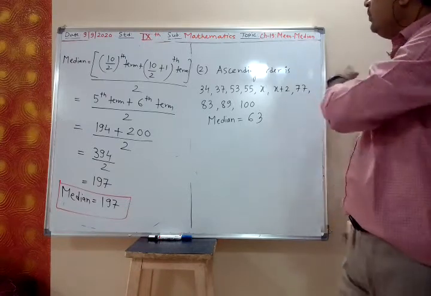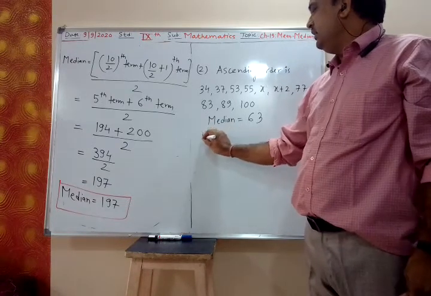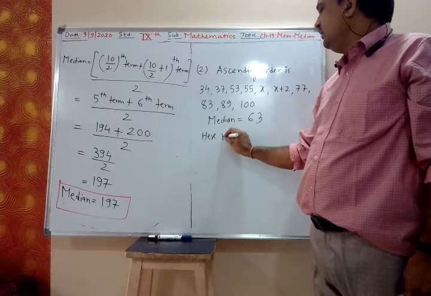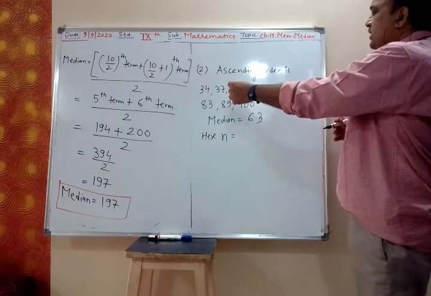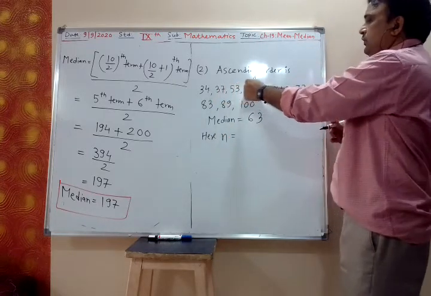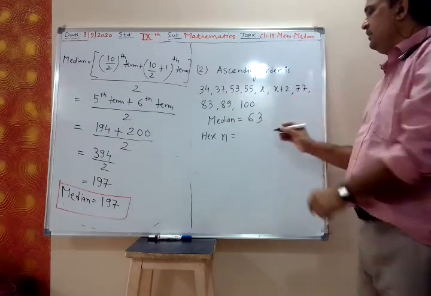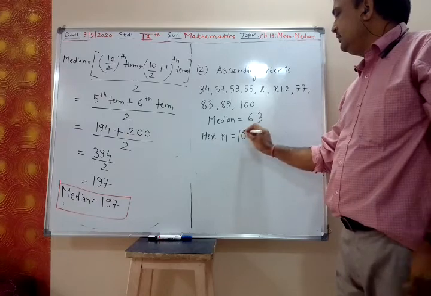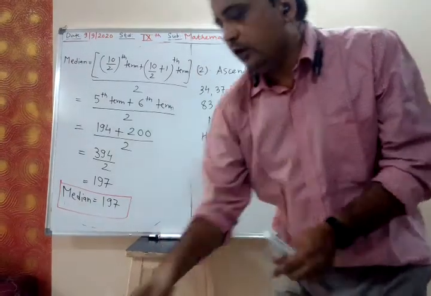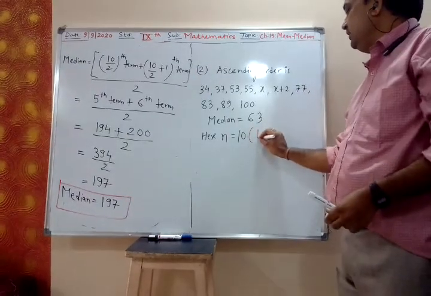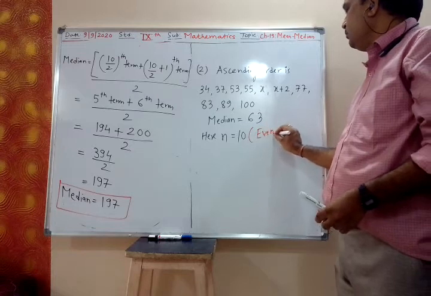Now we count how many observations are given. Here what is my small n? How many values are given? 1, 2, 3, 4, 5, 6, 7, 8, 9, 10. So n is 10, correct? n is 10, and 10 is even.